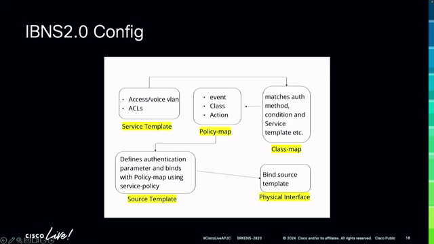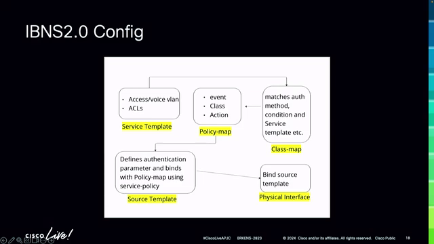In the IBNS 2.0 style of configuration, we have three components: control policy, control class map, and service template. So what happens in the control policy? The device, or your switch, detects some kind of event, and based on that event, it matches a class. The class match can be like authentication type or authentication method, and once the class match happens, we have an action.